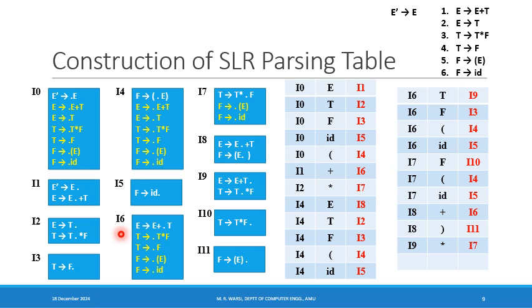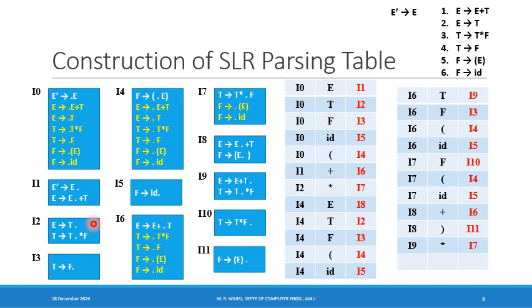And we have also considered all the transitions which are possible from the I1 state. I now move on to the next state, which is I2, and consider the transition from I2 state. Once again in the I2 state, there are two LR0 items. In the first LR0 item, dot is at the rightmost position and there is no grammar symbol after the dot.